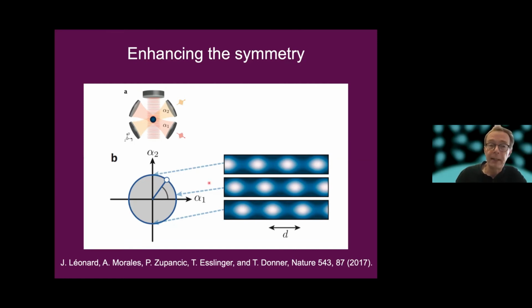And if you then plot the spatial distribution of the light intensity, you see this corresponds to a continuous shifting of the interference pattern. And more precisely, you can look at this as a free energy in this Mexican hat. We'll come back to this Mexican hat in a moment.